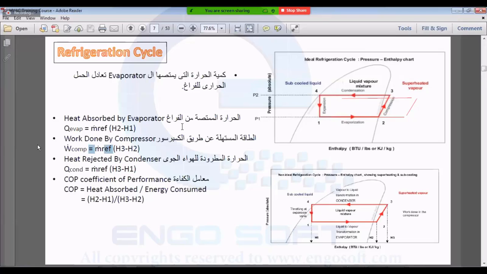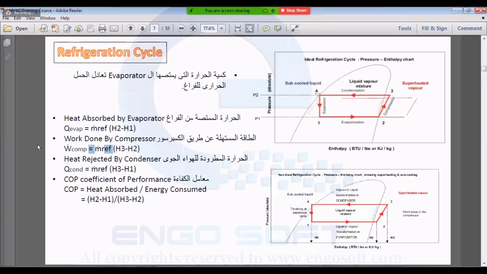Yeah. So the amount of Q condenser is the flow rate of the refrigerant multiplied by H3 minus H4, or H1, because they have the same H. On the x-axis we have this H. So H1 equals H4 because they are on the same vertical line. This process happens in the expansion valve.